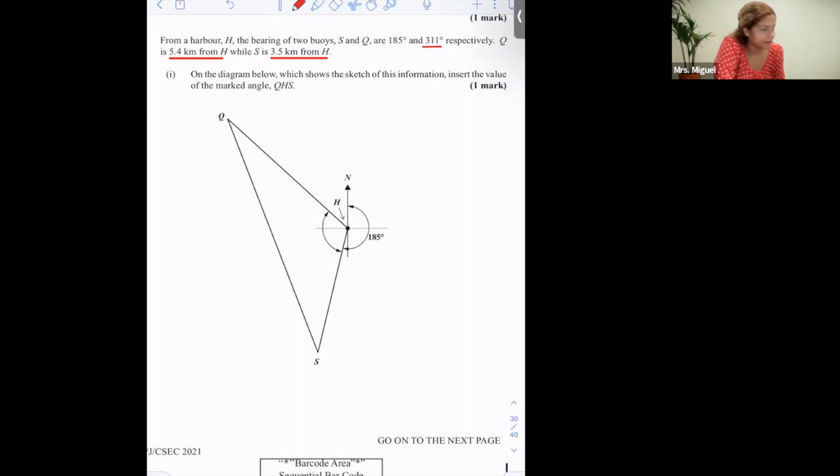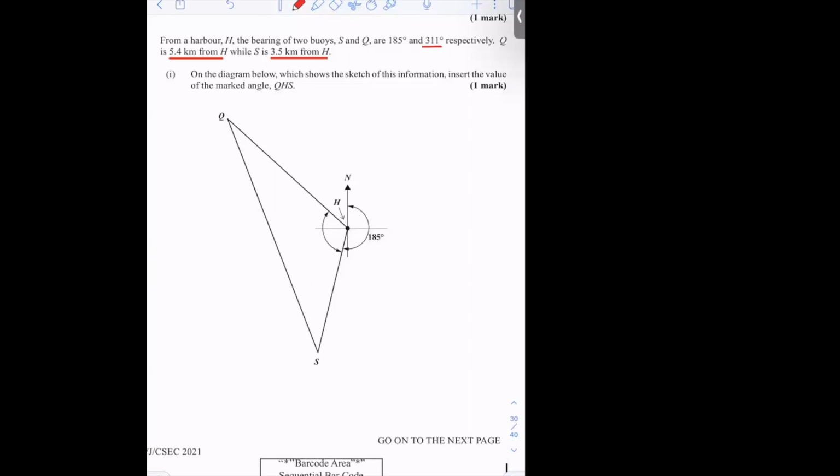Did you all put in the values? Yes, miss. All right, let's see what you have.